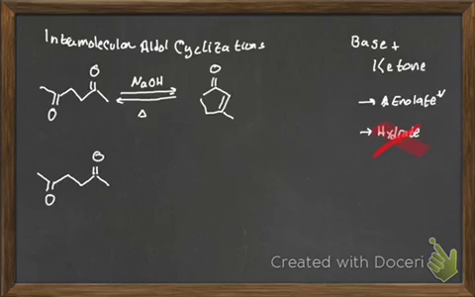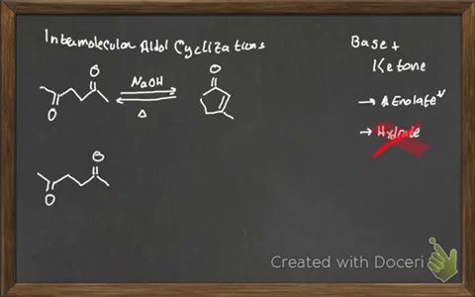So we're going to do an enolate instead. Now, looking at this molecule, you can probably take a guess as to what carbon was deprotonated in order to get the enol. So let's take a look here.